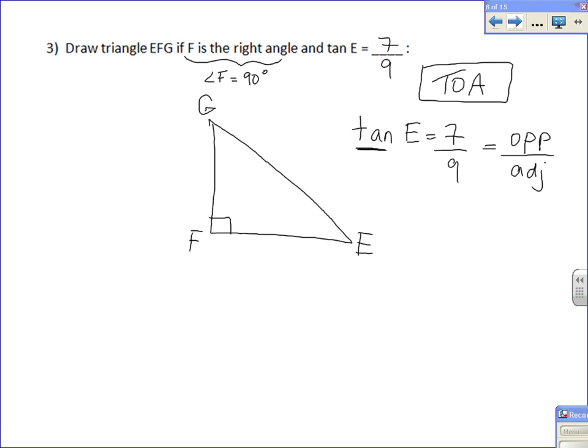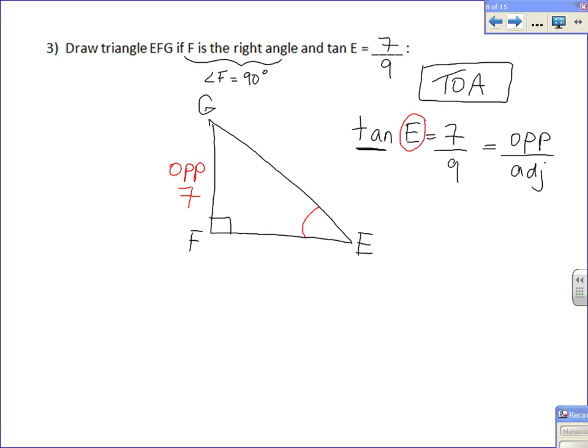Okay, we're looking at the tan of E. So E is the angle that we're interested in. So here's our angle that we're interested in. I'm going to label my opposite side across from angle E. And I know that the opposite side is equal to 7.